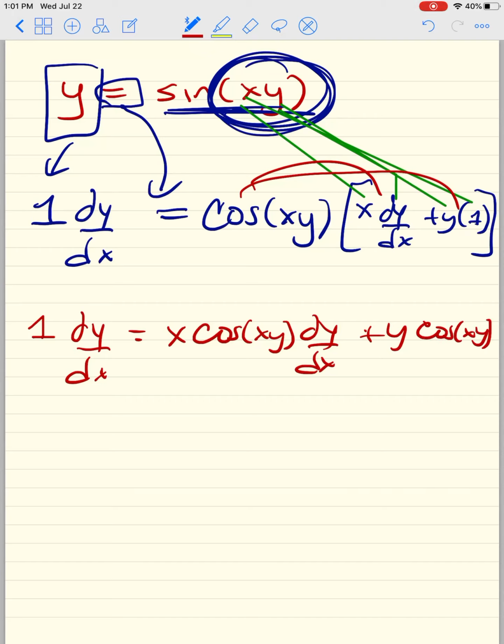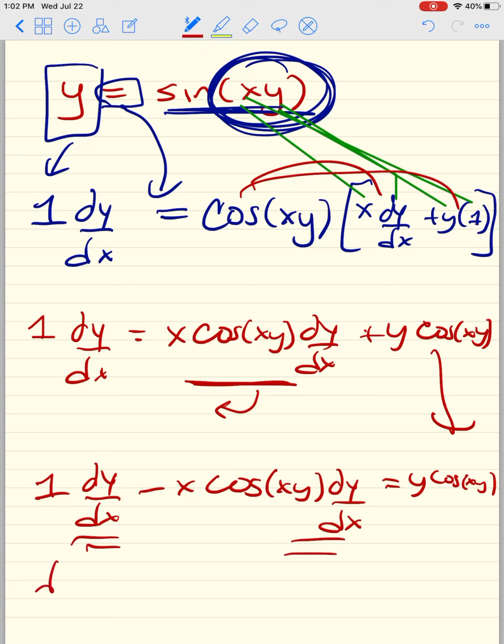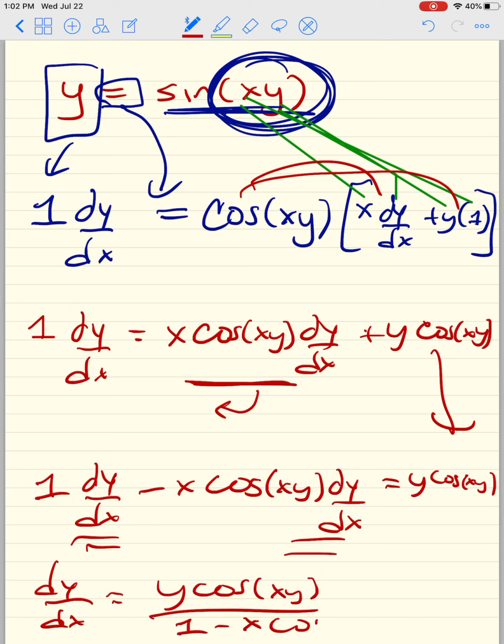I need my dy dx's on the same side, so I'm going to bring this over there, and I'm going to go 1 dy dx minus x cosine xy dy dx equals this guy right here. And then I'm going to factor out the dy dx, and I'm just going to divide, and I'm going to have dy dx is equal to y cosine xy divided by 1 minus x cosine xy.